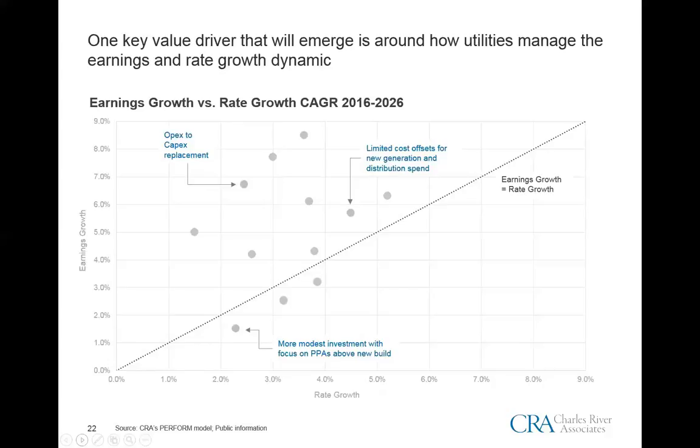And take a look at where utilities are positioned against each other. And effectively what this is doing is summarizing the amount of headroom that the utility may have to invest, and where that headroom is coming from.